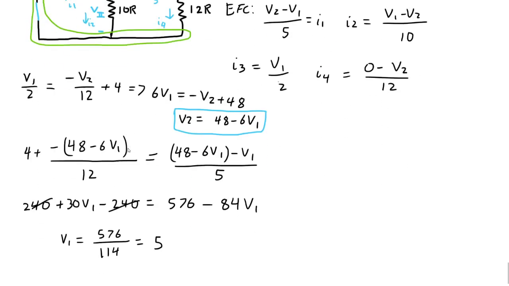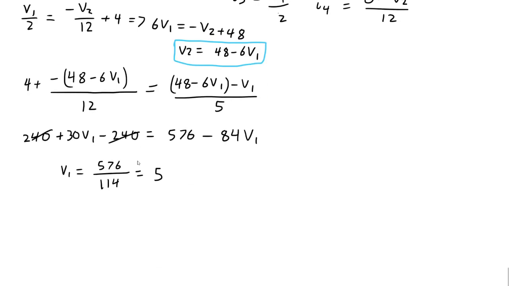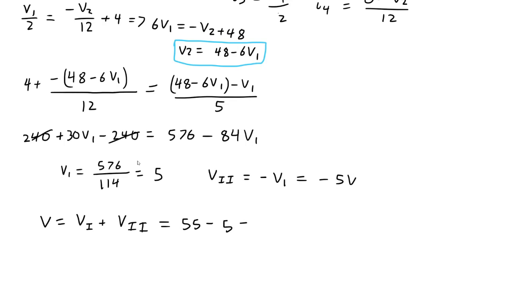So V2 equals the negative of V1, so that's negative 5 volts. So the V that we're looking for is V from equations 1, and then plus V from equations 2. So 55 minus 5 is 50 volts.